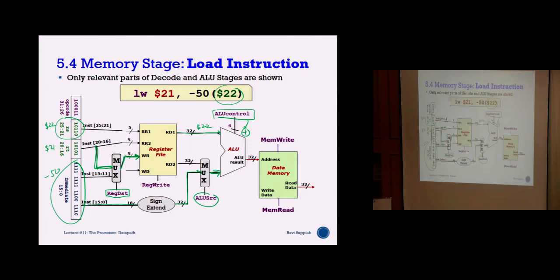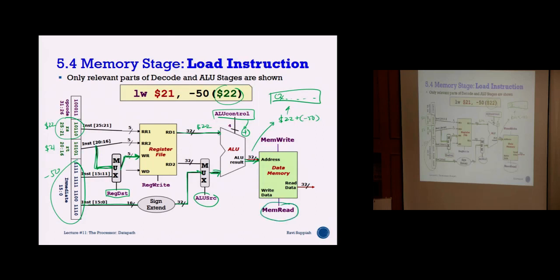So the final address that comes out is register 22 plus your offset of minus 50. Register 22 already has a 32-bit value, 0x something, so you add it with minus 50, and that gives you the final address to do a memory read.